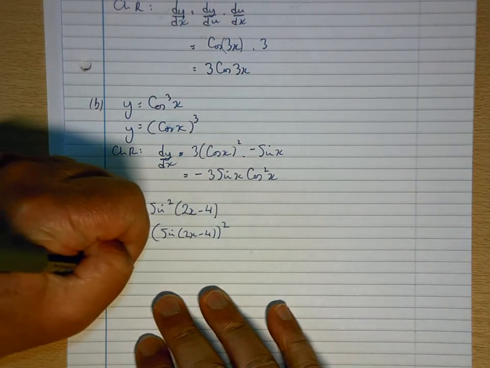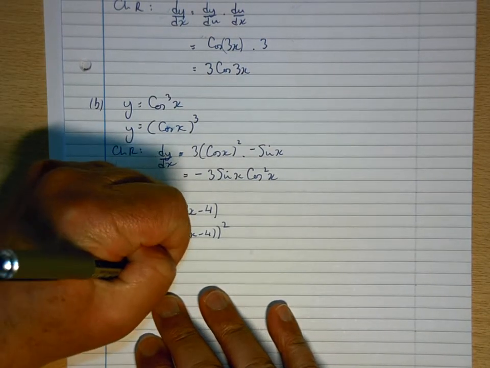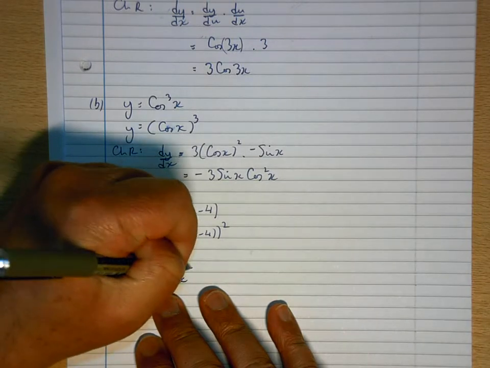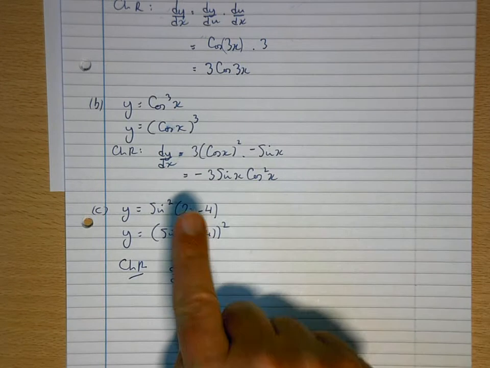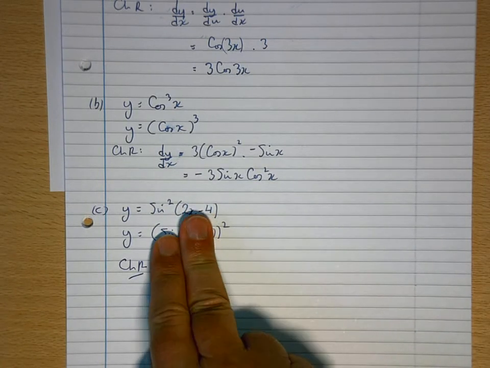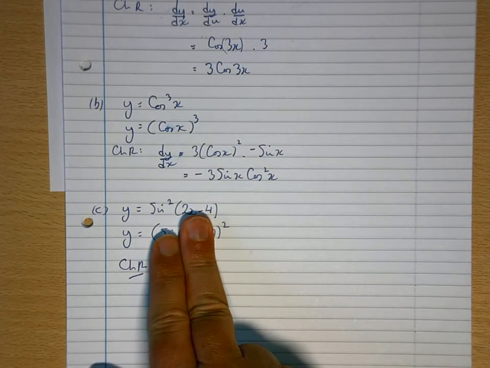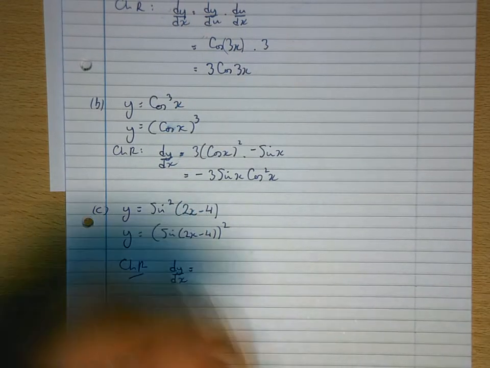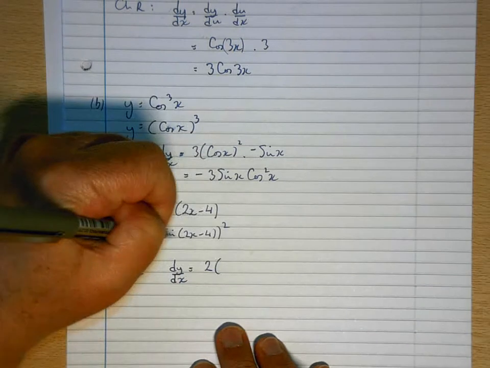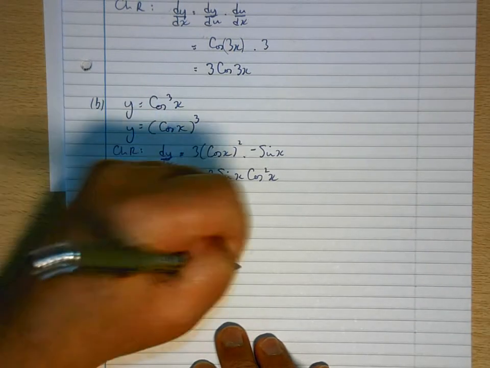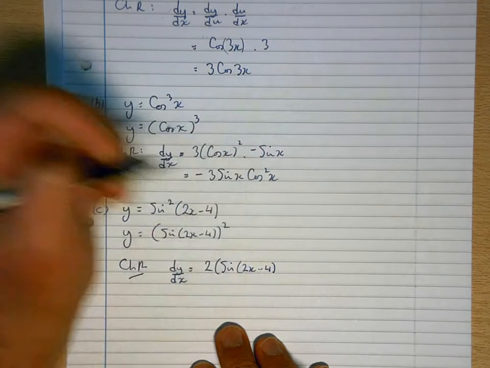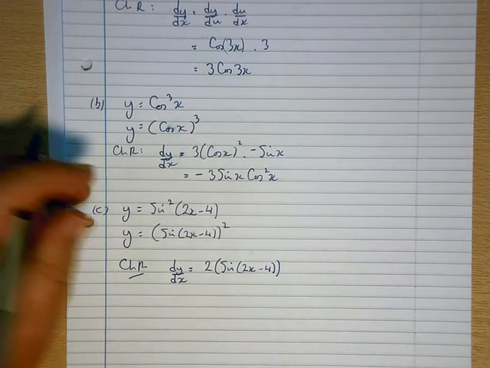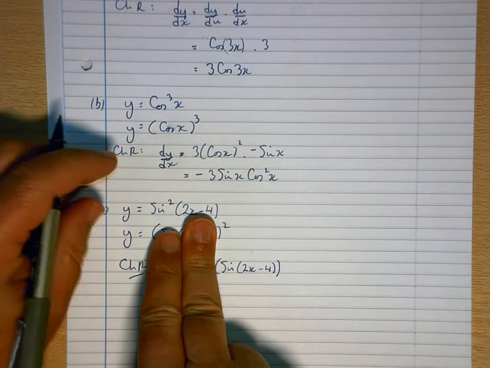So, chain rule. dy/dx. First thing we've got is finger squared. So when we differentiate finger squared, we get 2 finger: 2 sine 2x minus 4. Then we differentiate what we covered up.